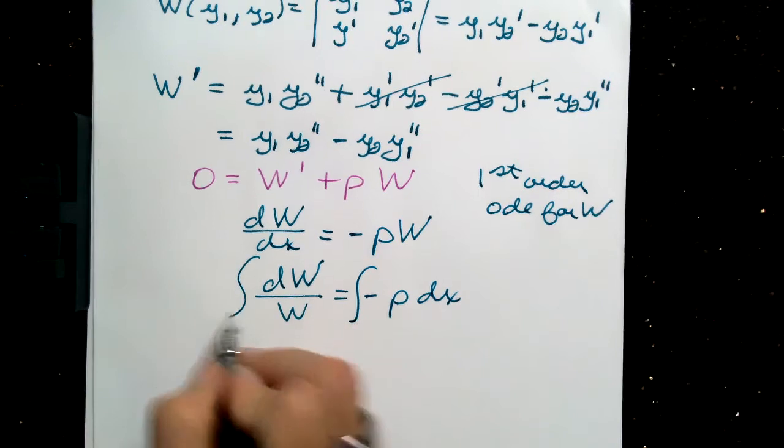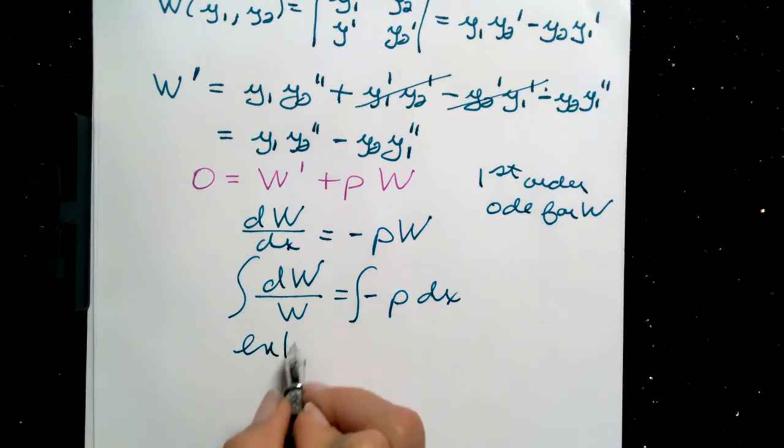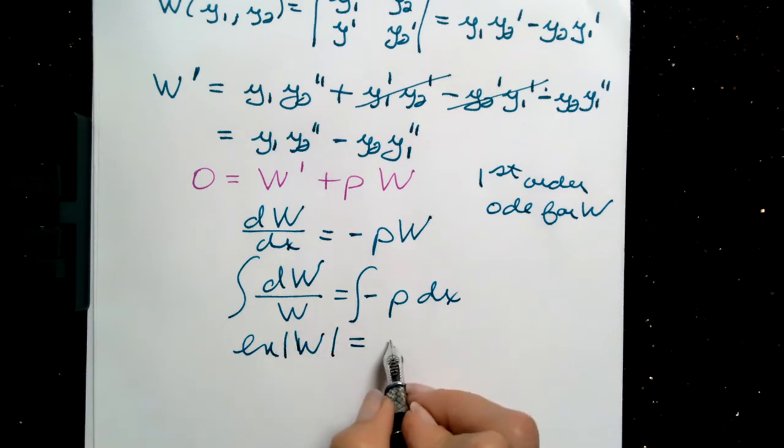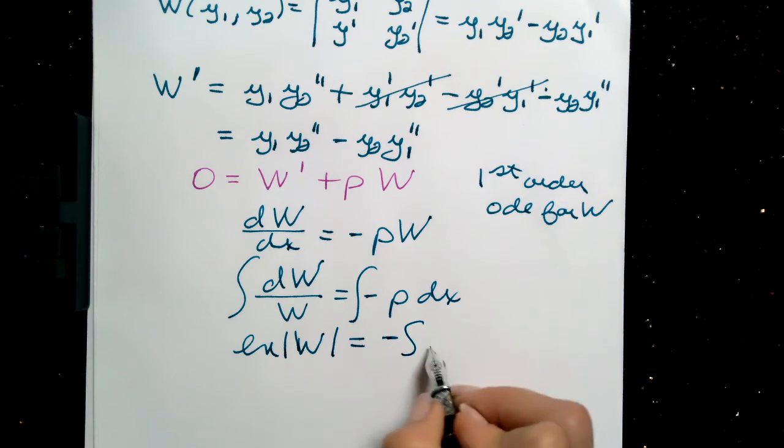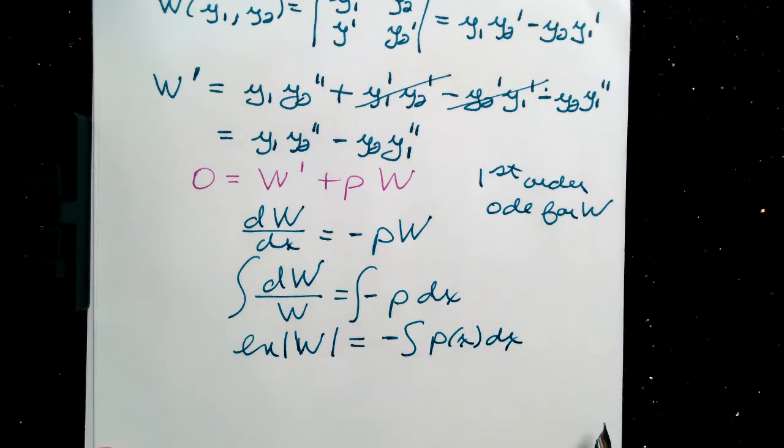So that's separated because p is only a function of x, so I integrate on both sides. I get ln absolute value of W is equal to minus the integral of p of x dx. And now I exponentiate to solve for W. And remember, when you do an indefinite integral like this, there's always an arbitrary constant.